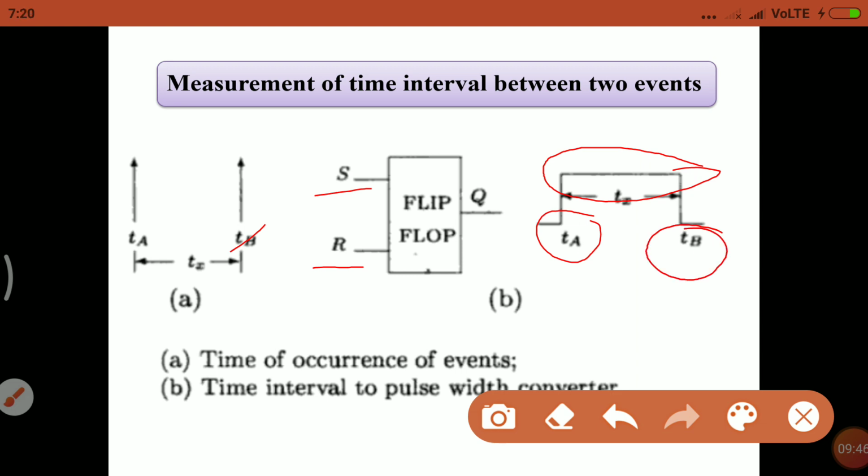It means that the output is 0. So between the time interval TA and TB, we will get a width of Tx. This is the basic idea of measurement of any time interval between two events by using an SR flip-flop circuit.